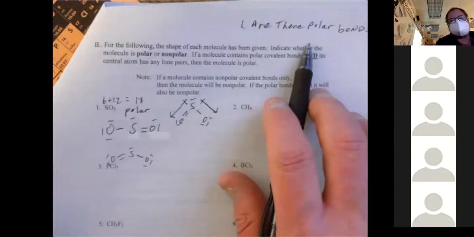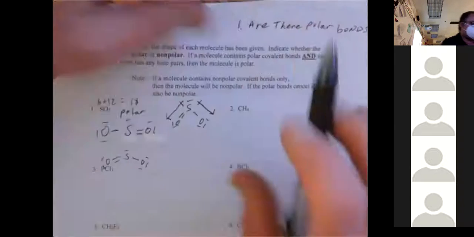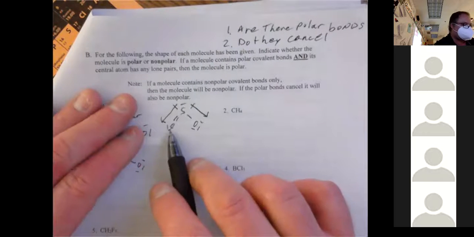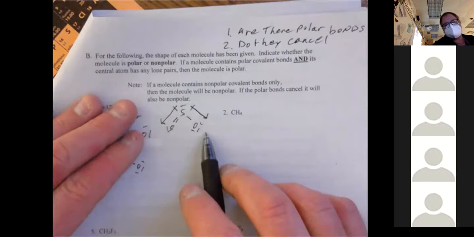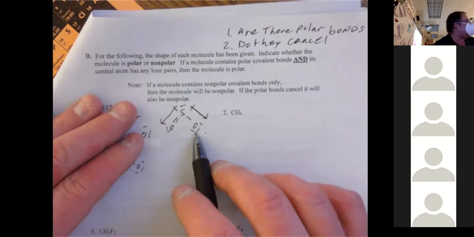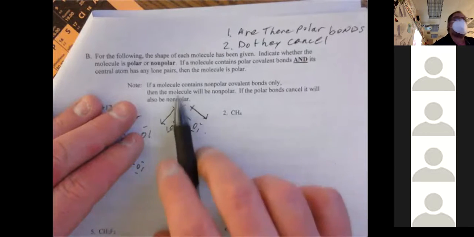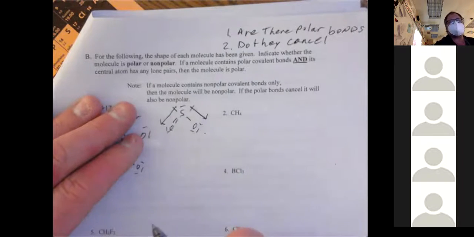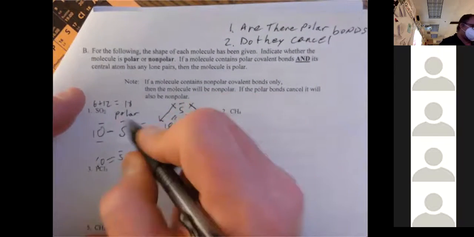If they're polar bonds, it doesn't necessarily mean 100% that it's polar, because do they cancel? These do not cancel. You have things pulling down to the left and down to the right. So left and right may cancel each other. It's the down problem that makes this polar. There is no pull up. If there was a pull up, then all 3 of these would cancel and we would have non-polar, but this is polar.